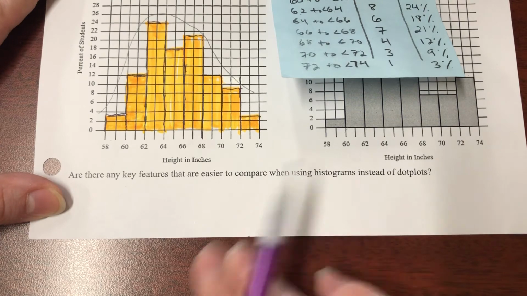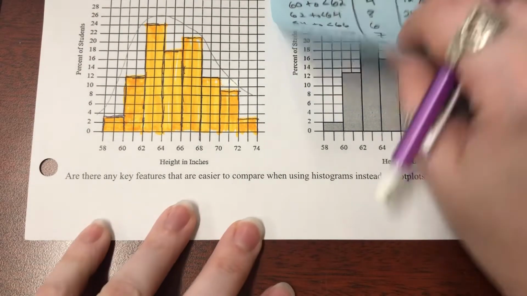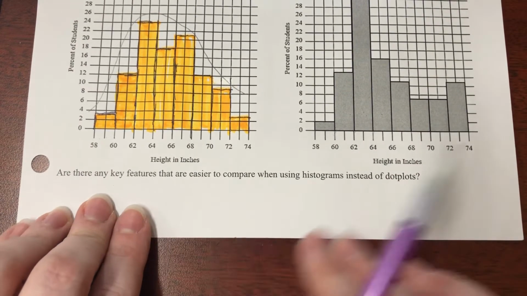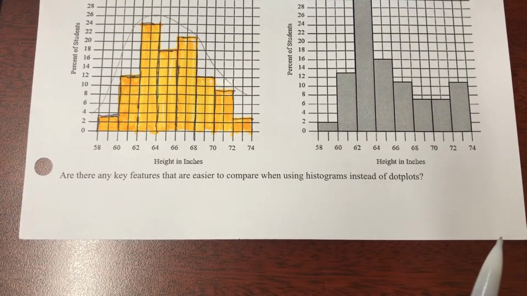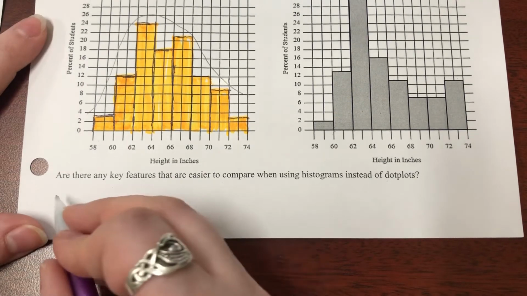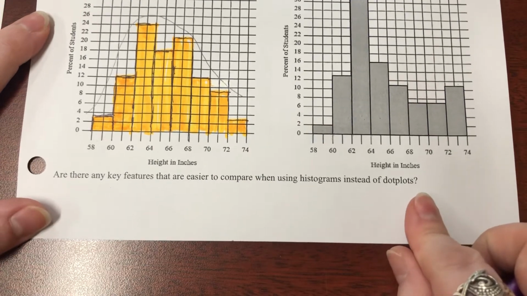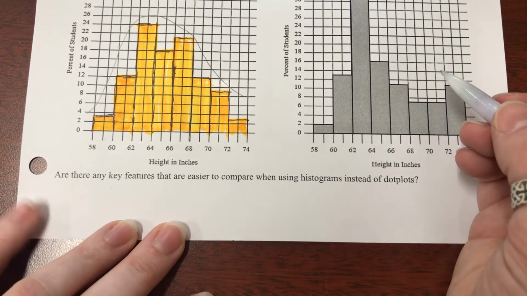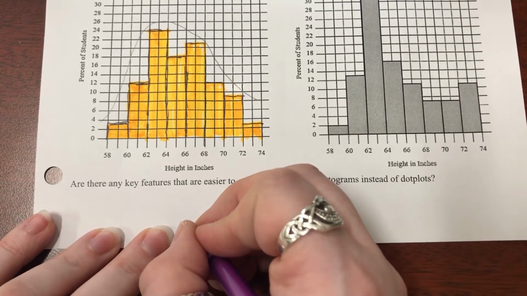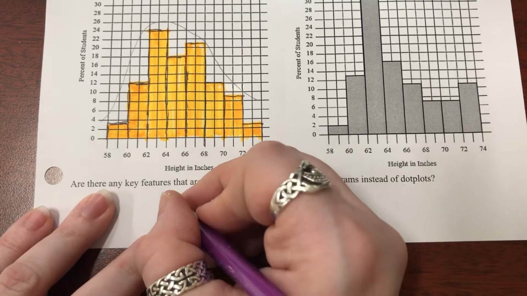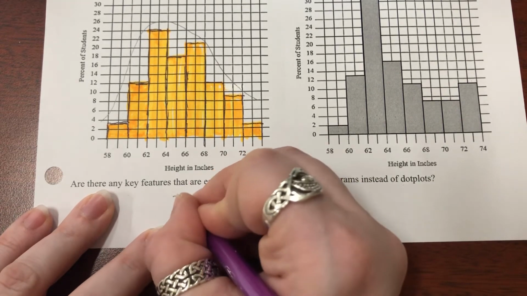Right. Now, are there any key features that are easier to compare when using the histograms instead of the box plots? I want you to go ahead and try to answer this question. Well, I'd say that the shape might be a little bit easier.